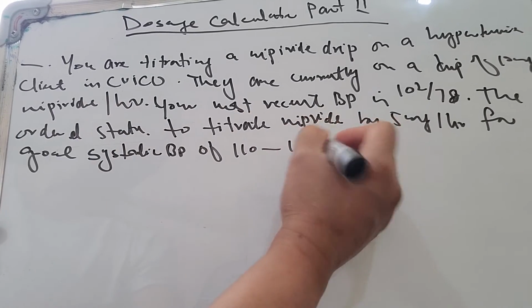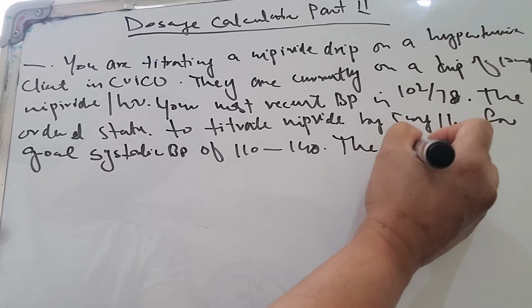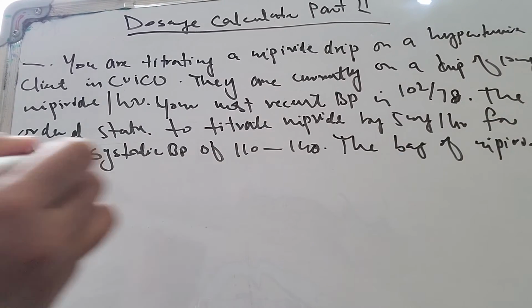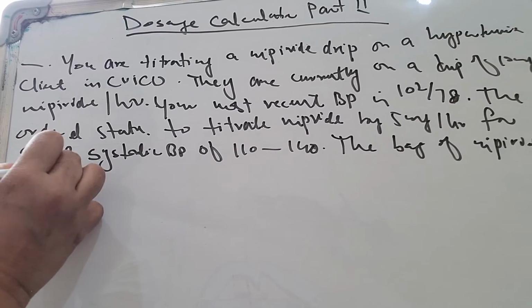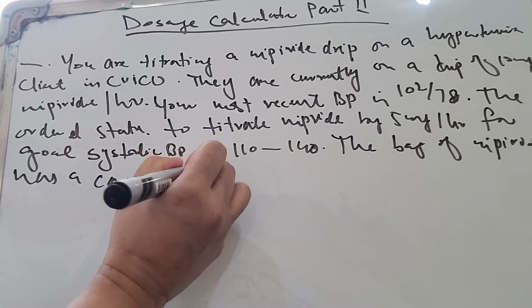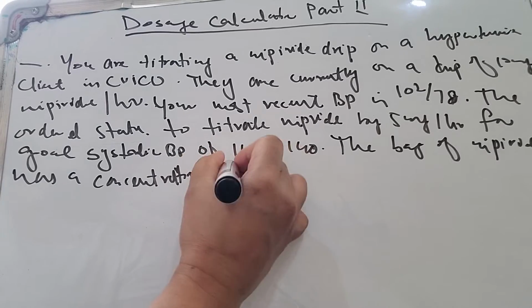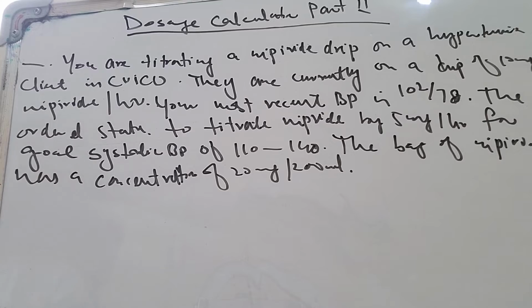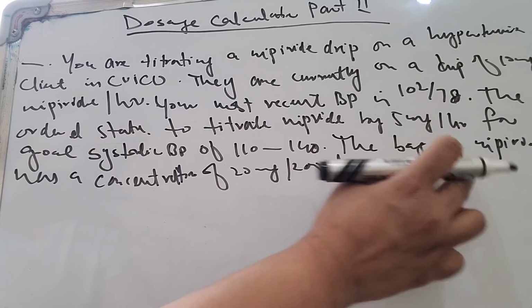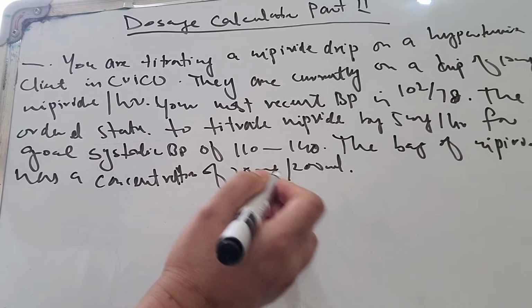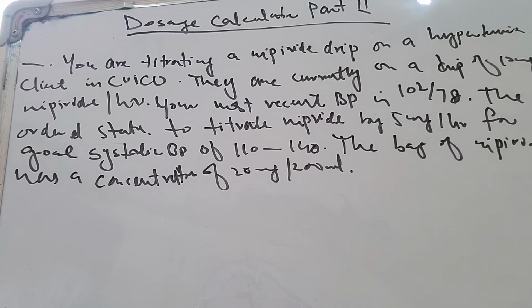The bag of nipiride has a concentration of 20 milligram per 200 ml. So the bag you receive from the pharmacy is a concentration of 20 milligram per 200 ml.